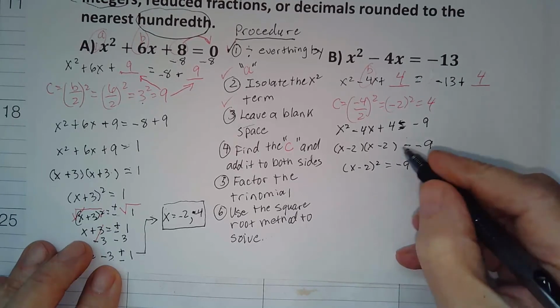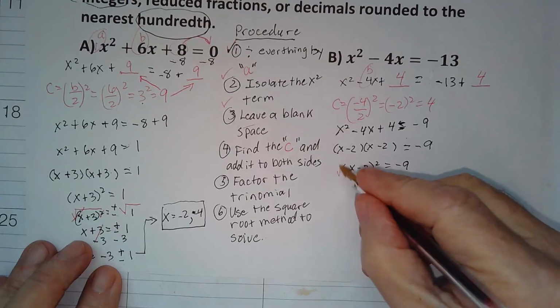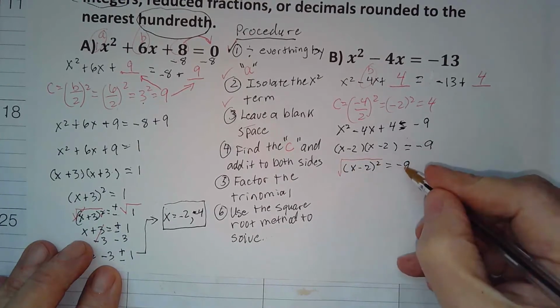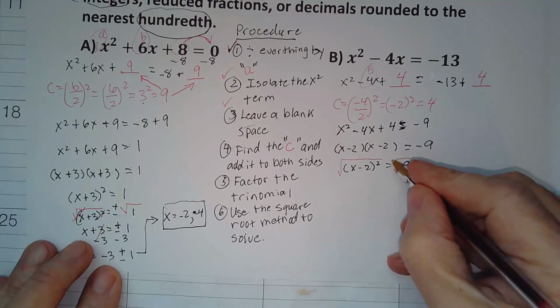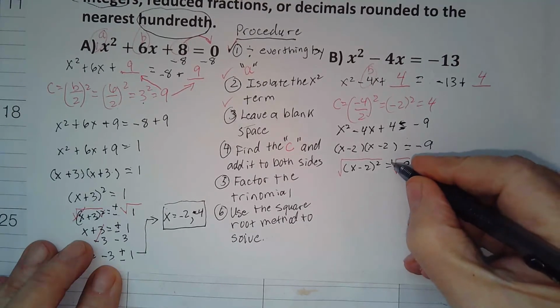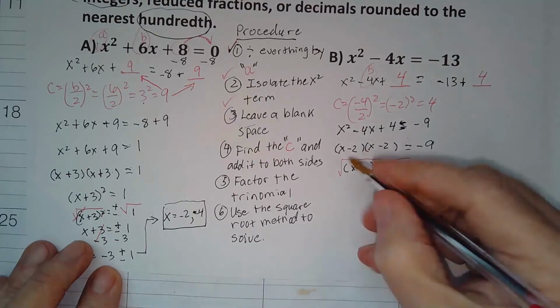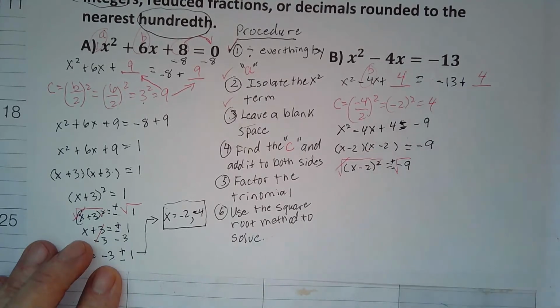Now we're going to take the square root. I'm going to do the square root of this and the square root of this, and now we have plus or minus the square root of negative 9. So the square root of x minus 2 squared is x minus 2.